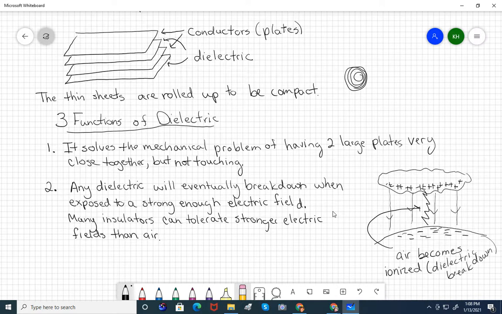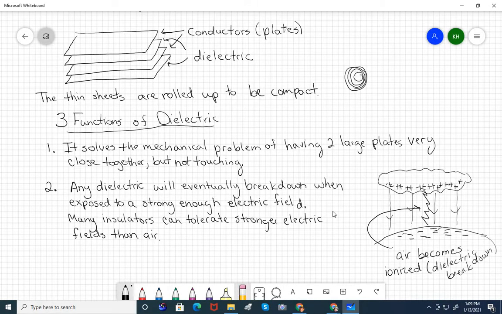When you get dielectric breakdown inside a capacitor, it'll look like a hole got burnt through it, because literally a spark of electricity went from the positive plate to the negative plate, and it will literally burn a little hole in that dielectric. Okay, any dielectric can break down if you have a strong enough electric field, which basically means a high enough potential difference between the plates.